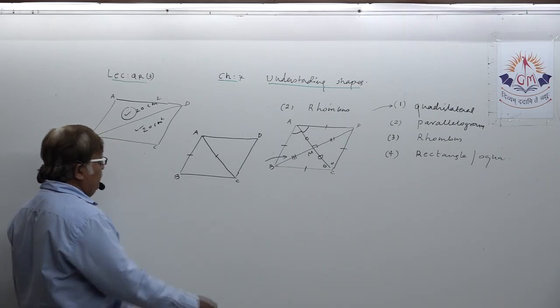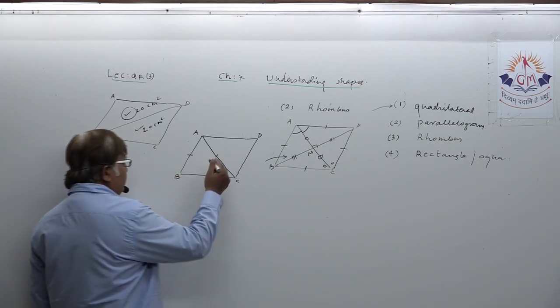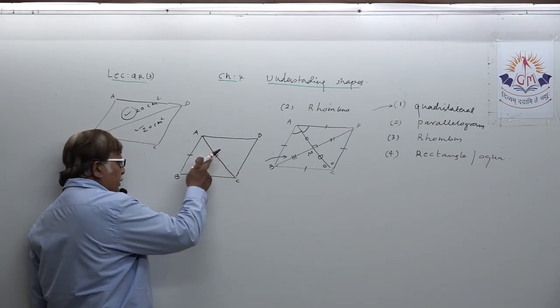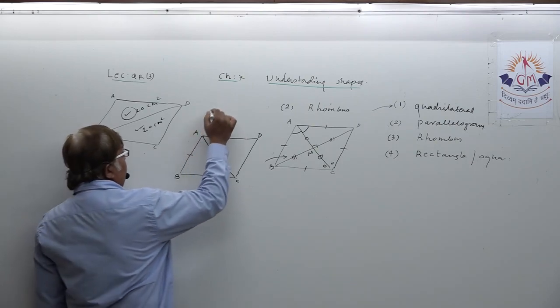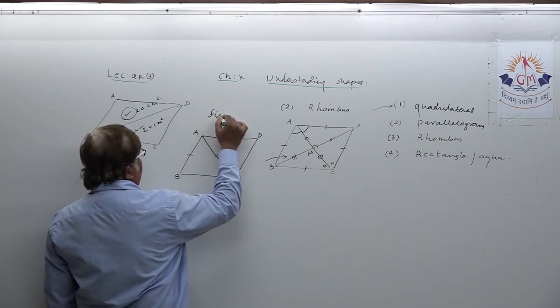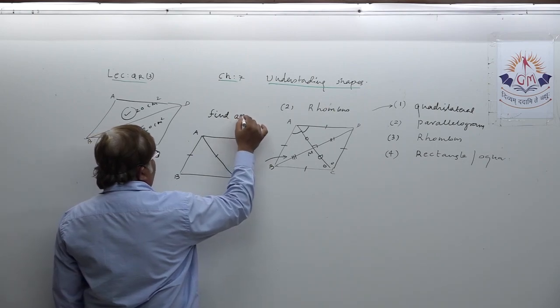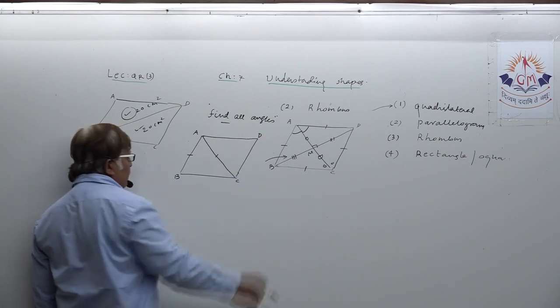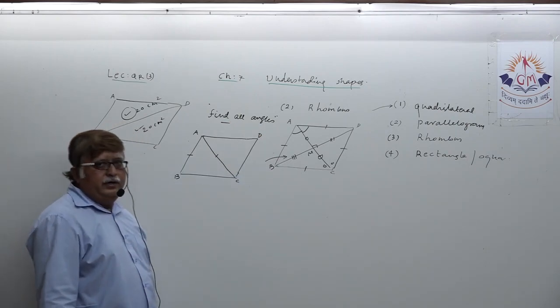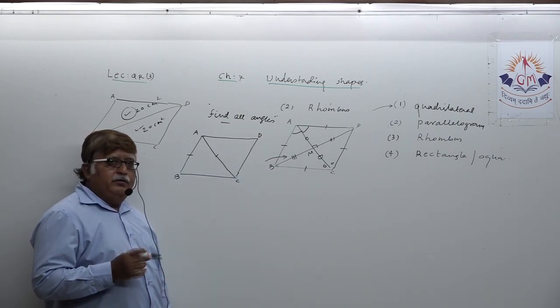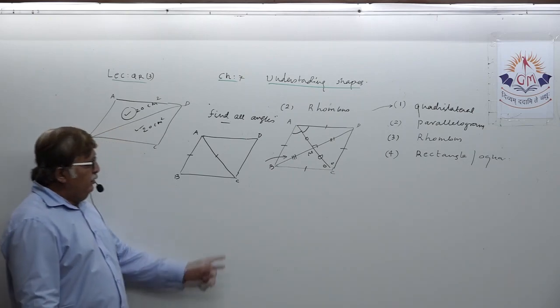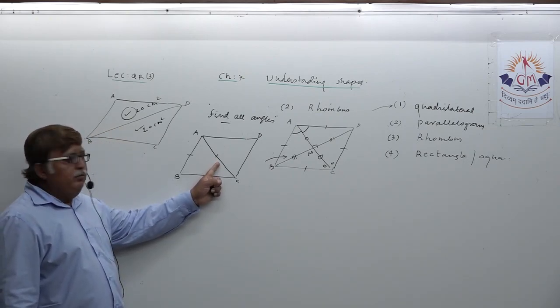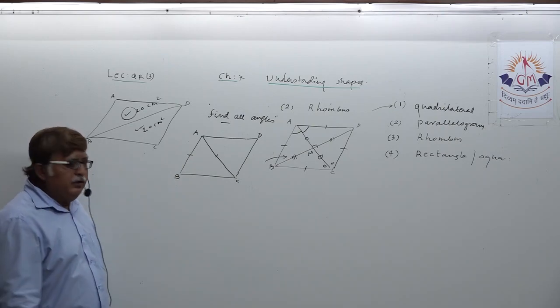You all know, dear student, and in the question you are asked to find all angles. And here you are given only one particular data, no measurement of any angle is given. You are just given one of the diagonals is equal to a side.